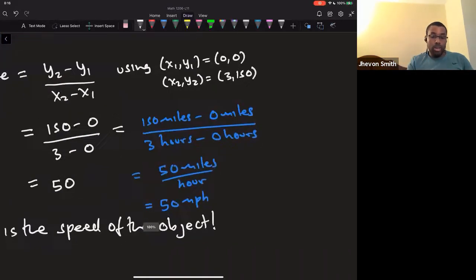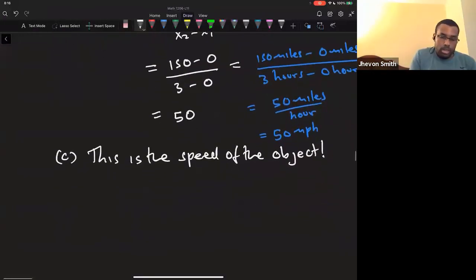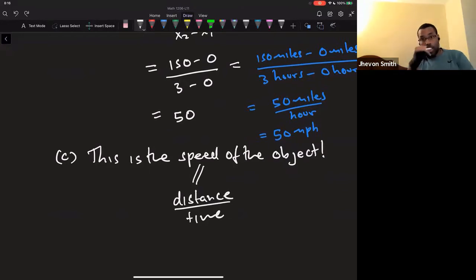This is known as speed, right? Speed is the rate of change of distance over time. How much distance are you covering over time? So speed is the distance over time. Right? So that's actually speed.